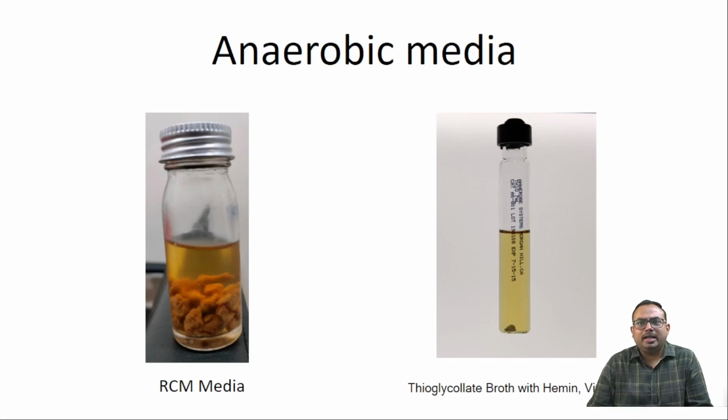The glutathione lowers the redox potential, making a kind of anaerobic atmosphere, facilitating the growth of anaerobic microorganisms. Similarly, on the right is another example of anaerobic media, which is thioglycolate broth, where it is supplemented with hemin as well as vitamin K.